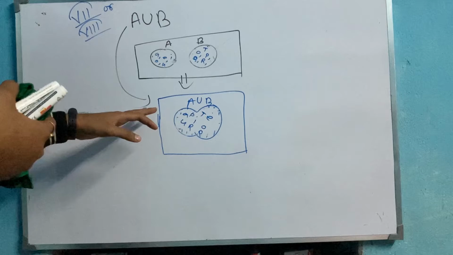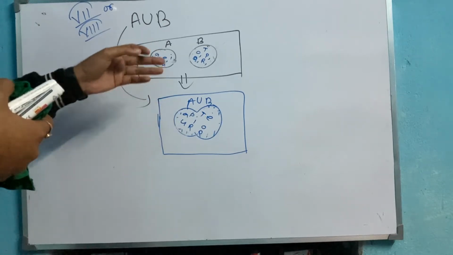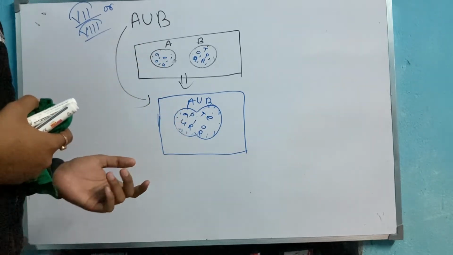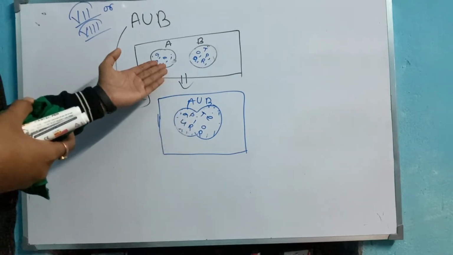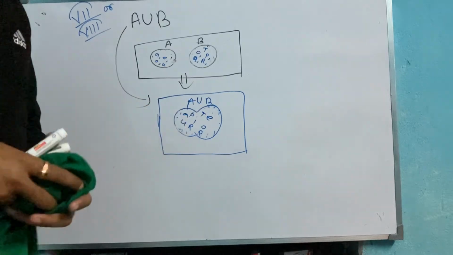You can't say separately where the components are. You have to say that either the component is in A, or the component is in B.